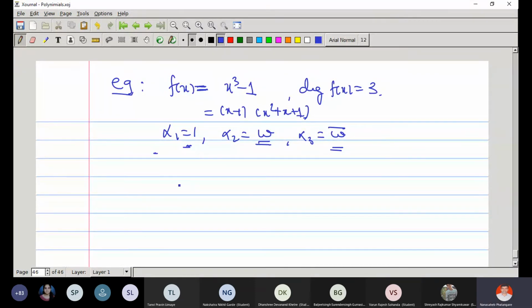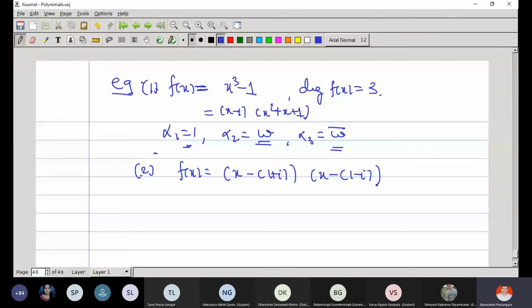x minus 1 plus i, x minus 1 minus i, x minus 2 plus 3i, and x minus 2 minus 3i. What is this polynomial? x square minus 2x plus 2. Am I right?